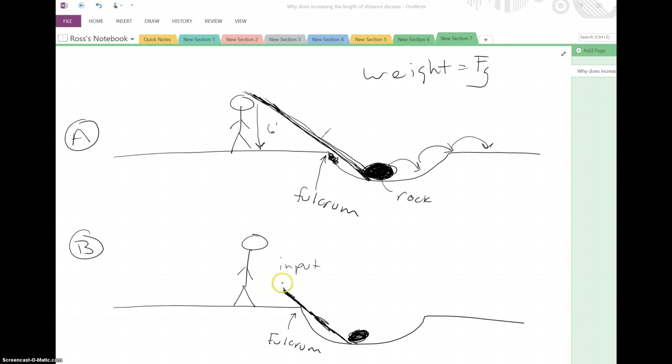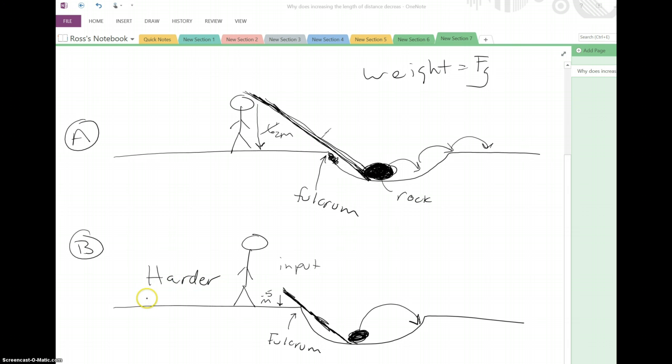The other way we can tell is that if this moved 2 meters, this is only going to move 0.5 meters. Now, if I get this down 0.5 meters, this thing will probably flip all the way over to here, right? We'll move the rock twice as far, but I'm going to have to apply a much greater force.